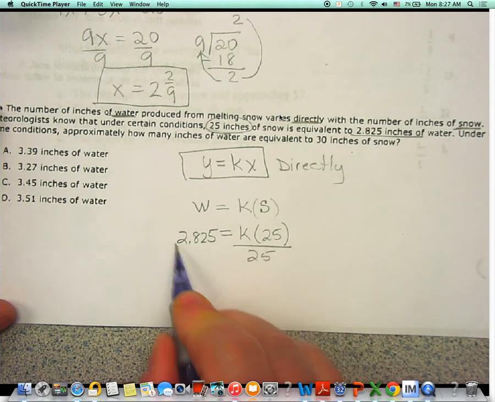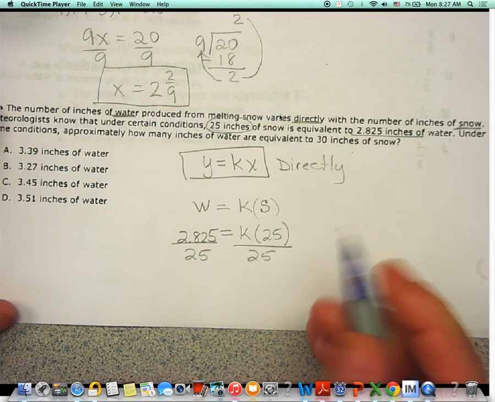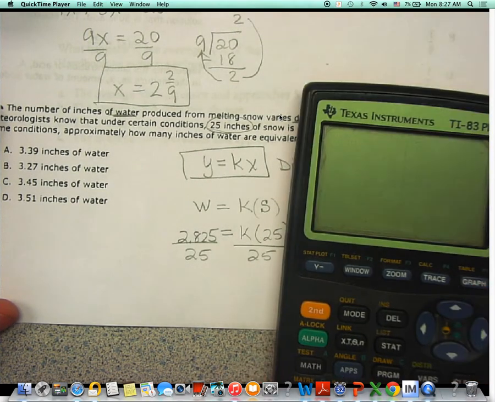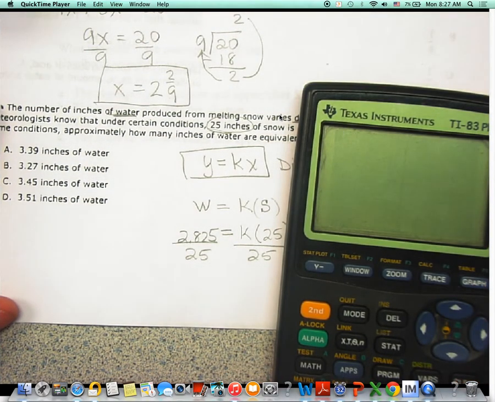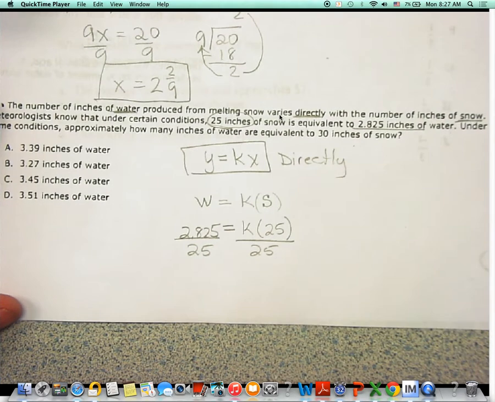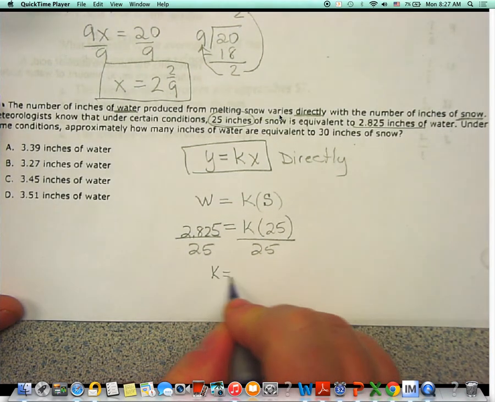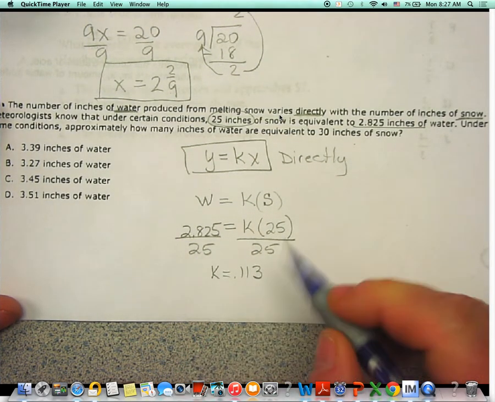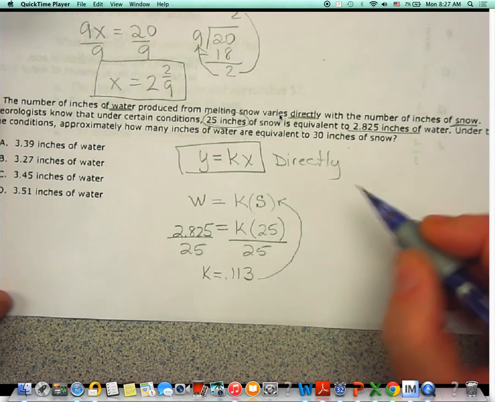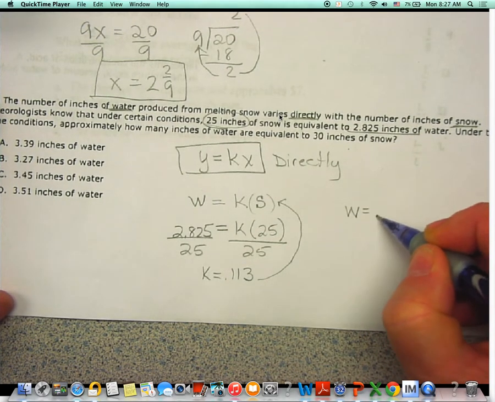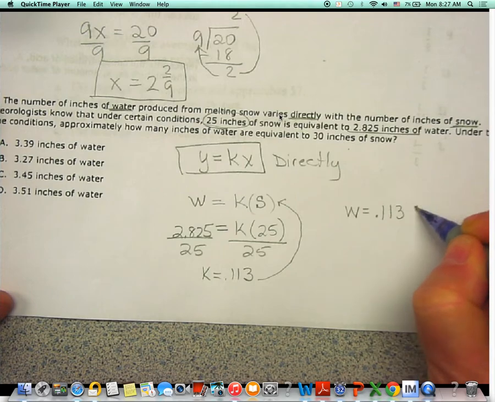Divide by 25. Okay, so K equals 0.113. Then we'll plug that back in here for K. We have W equals 0.113 S.